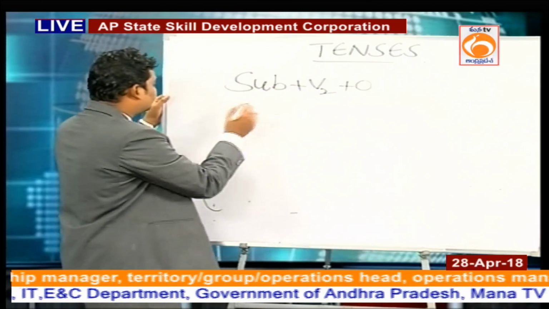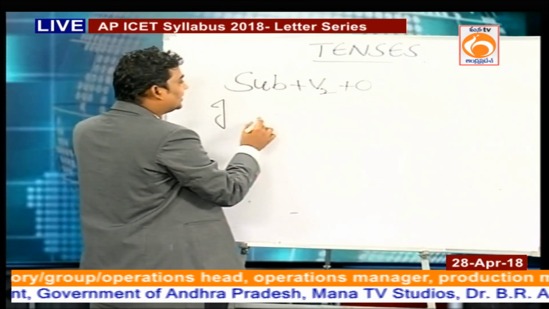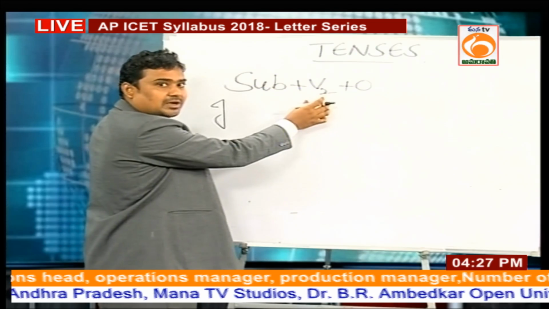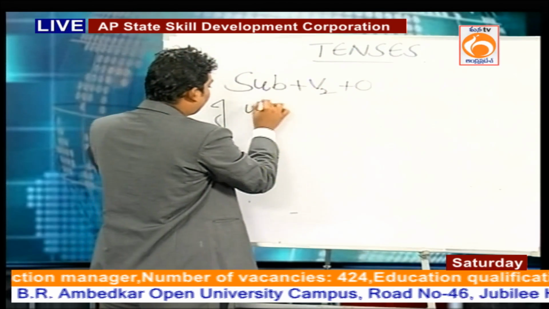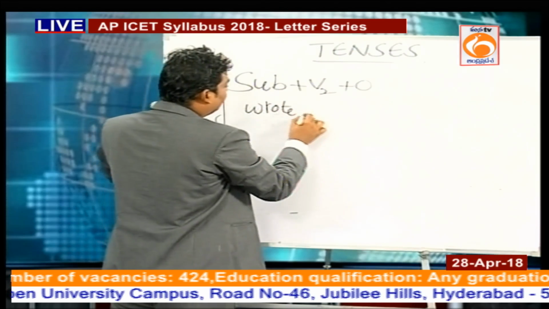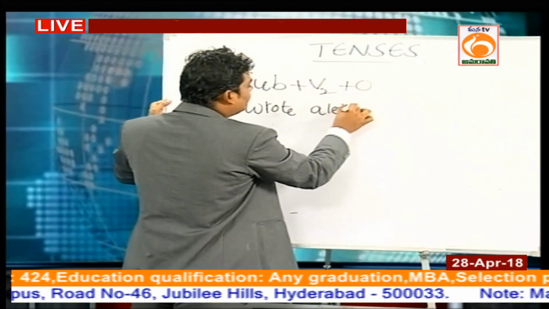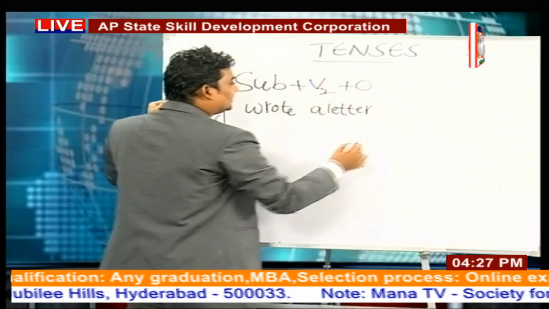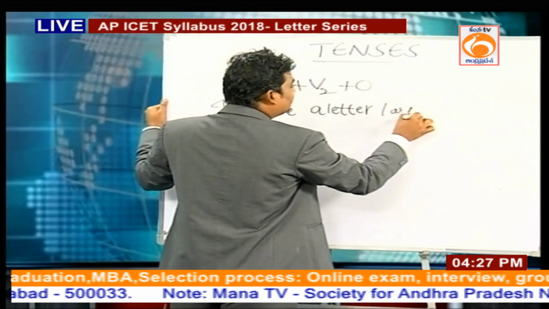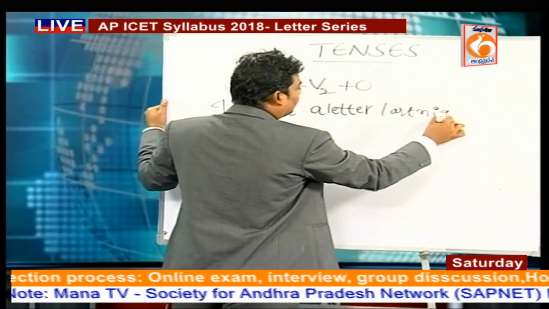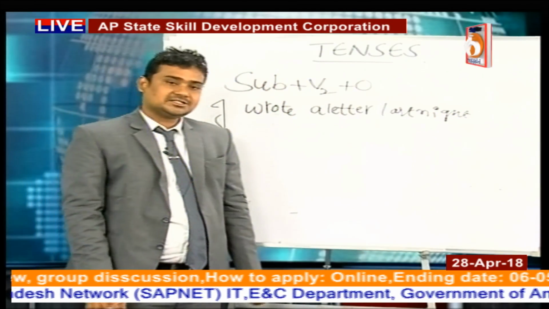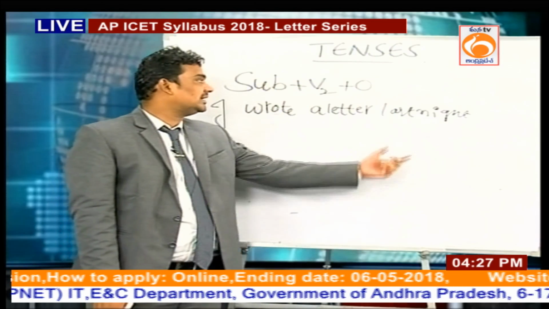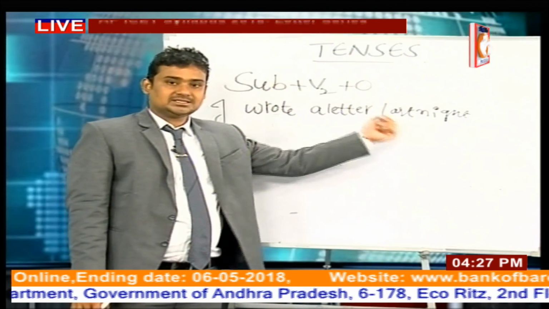Example, I wrote. Here we are using only the V2 form, the past tense verb form. I wrote a letter last night. Last night, yesterday, last month, these types of keywords indicate past time.